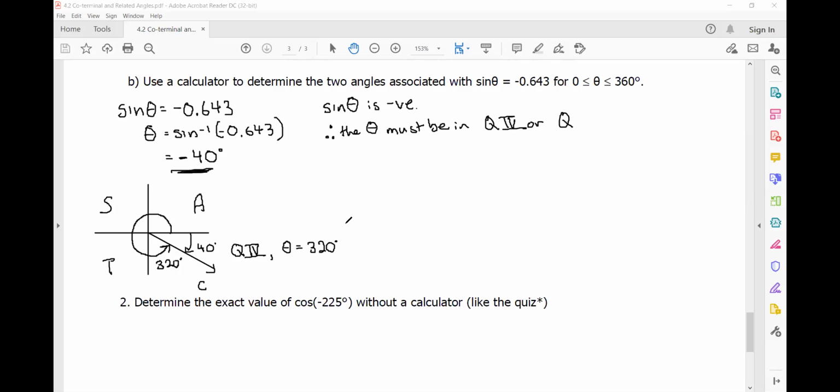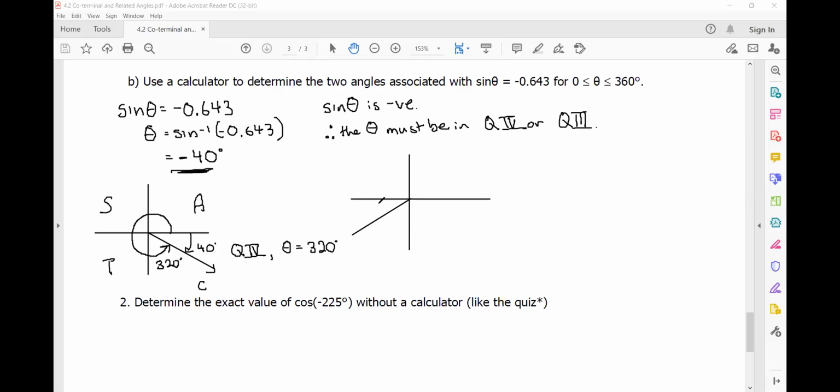Where else in this Cartesian coordinate plane gives me a negative sine value? Yeah, there it is. Okay, okay. So let me update this drawing here. That means my terminal arm must be somewhere here.